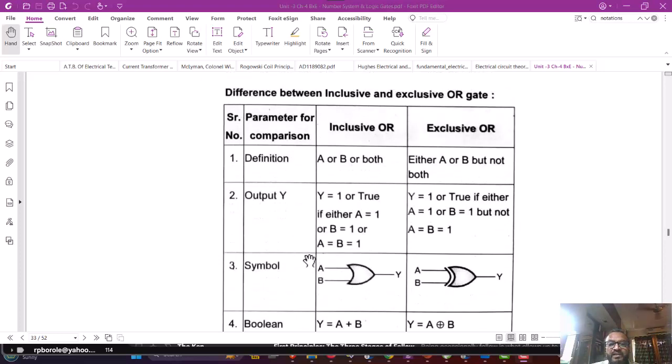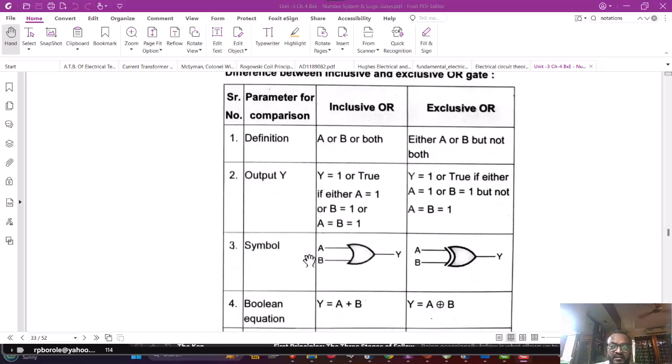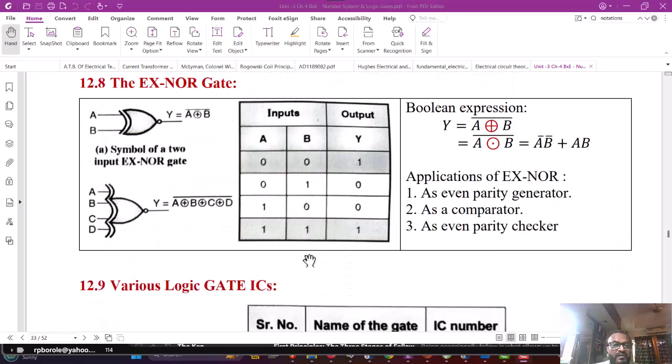The difference between the inclusive OR gate and the exclusive OR gate is shown here. What we have already studied is listed in tabular form. The exclusive NOR gate, as the name itself indicates, is the NOT operation of exclusive OR.